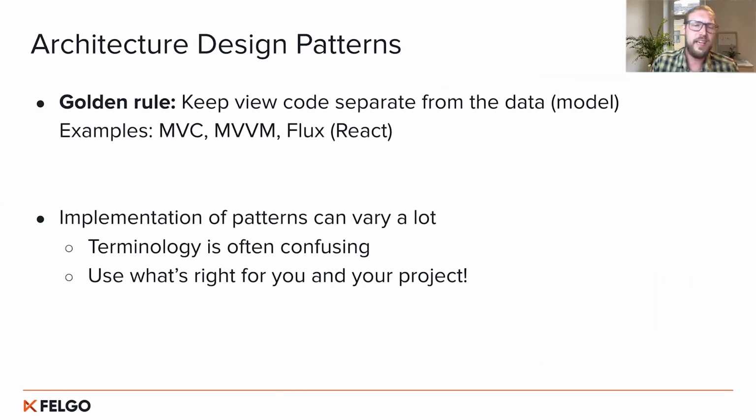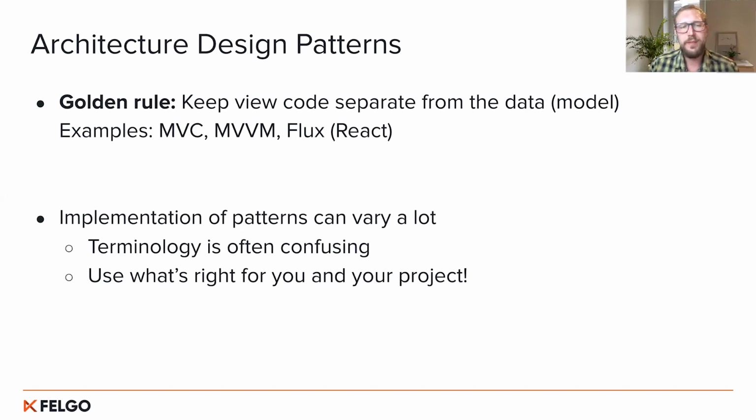When looking at design patterns for application architectures, there's one golden rule, which is to keep the view code separate from the data that you're handling and processing. Examples of that are the MVC pattern, model view controller, or MVVM, model view viewmodel, or Flux, which is a pattern that is used by React.